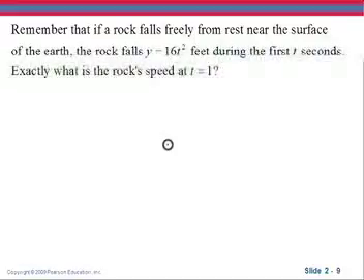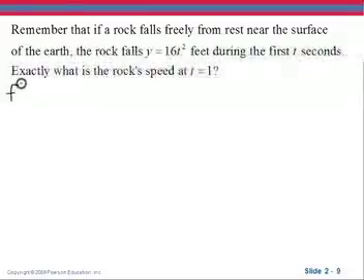If you will remember, we found some average speeds over time intervals right around 1 second. We looked between 1 second and 2 seconds, and between 1 second and 1.1 seconds, and we were looking for an approximation. We can use this formula to find the instantaneous speed of this rock at time t equals 1.